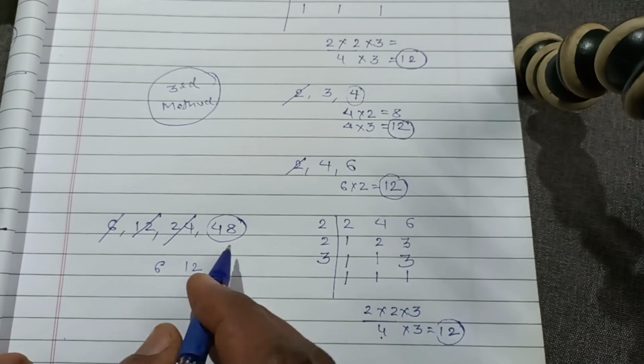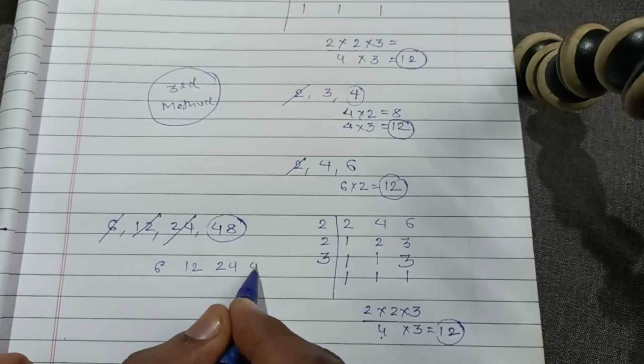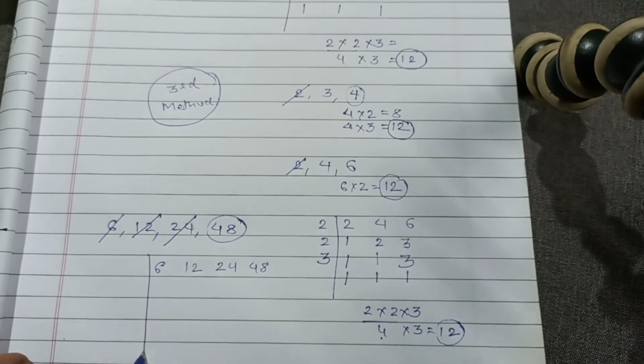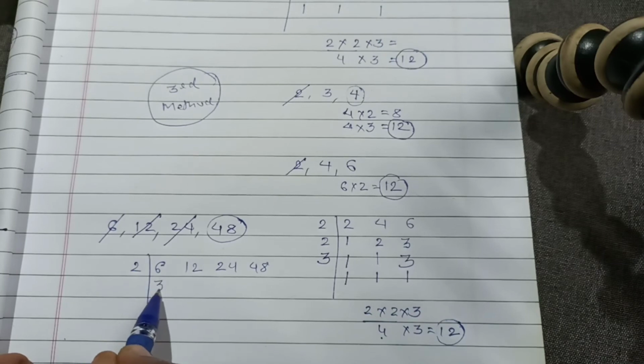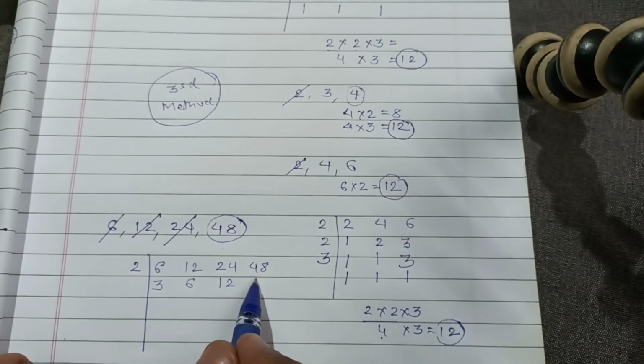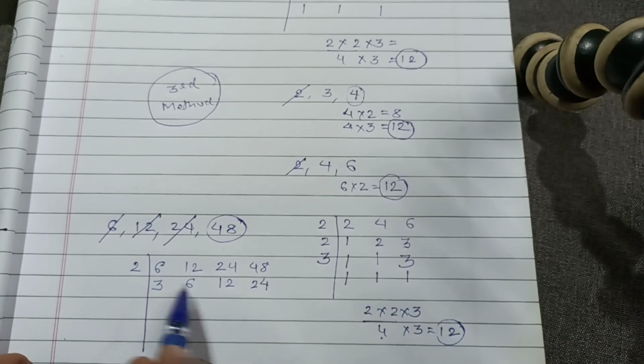6, 12, 24 and 48. So first you have to divide by the least prime number, that is 2. So 2 3s are 6, 2 6s are 12, 2 12s are 24, 2 24s are 48. Then again you have to divide by 2. 2 3s are 6, 2 6s are 12, 2 12s are 24.